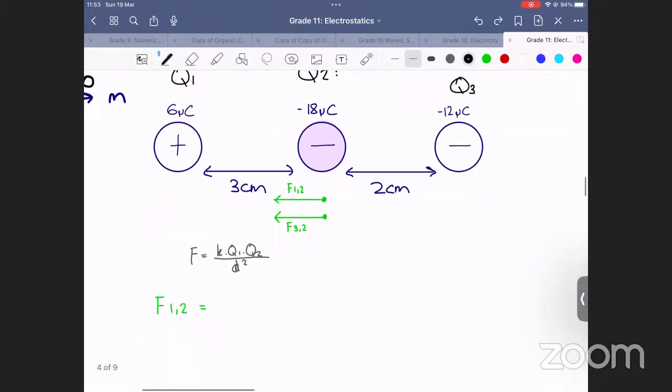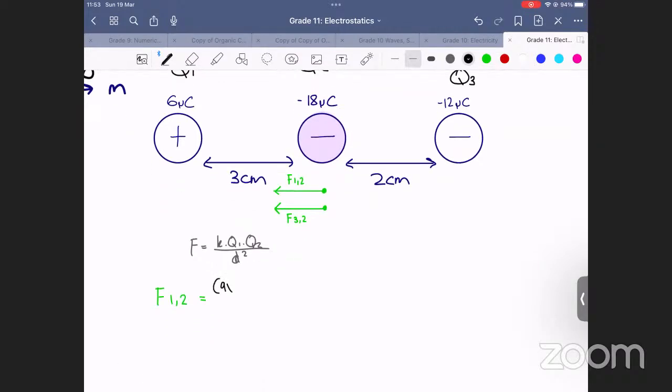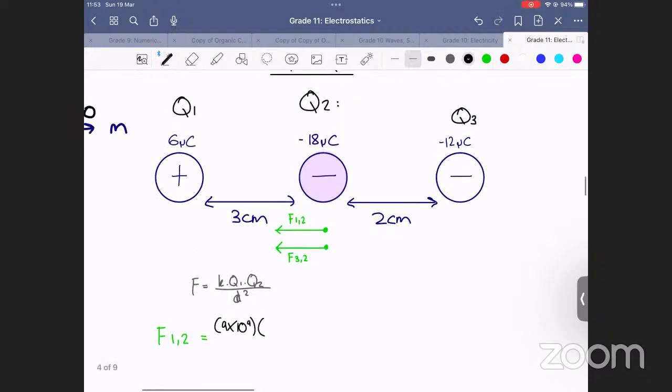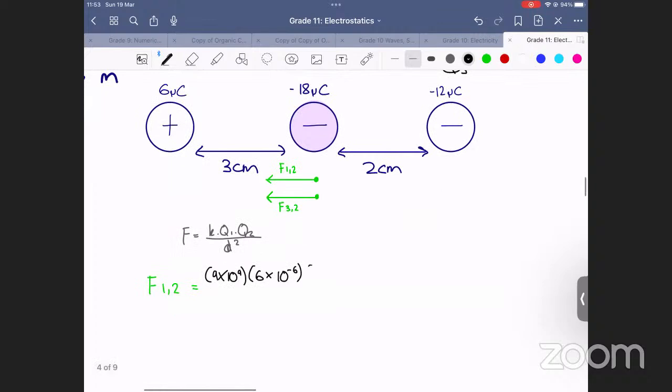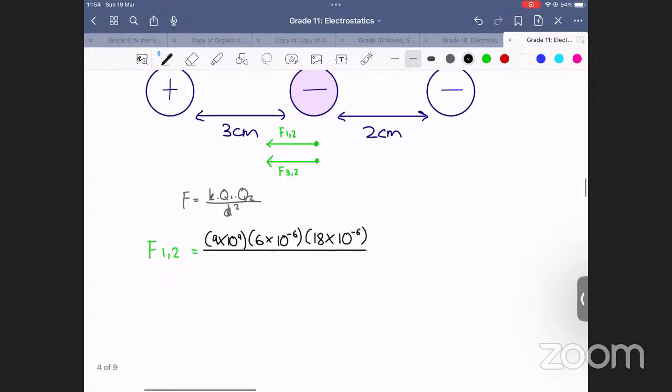Okay. So all I do is I substitute the values. So 9 times 10 to the 9. Q1 is 6 microcoulombs. I have to convert in this formula, and I do not substitute a negative. So 6 times 10 to the negative 6, and 18 microcoulombs, 18 times 10 to the negative 6. Divided by the distance between them squared.